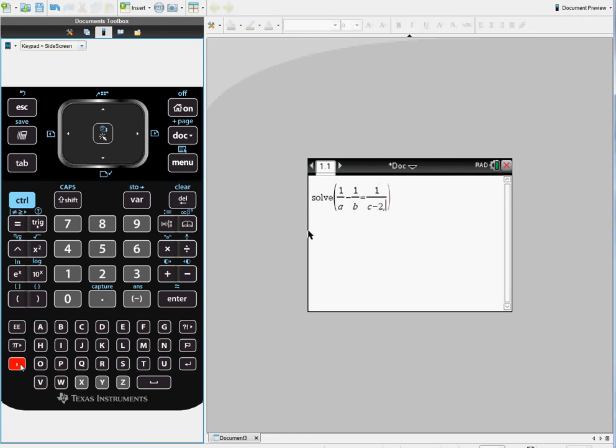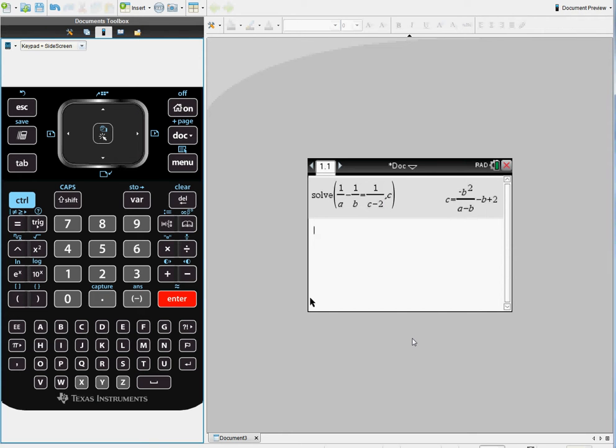Always go comma. Oh, see how our comma is down the very bottom of the fraction? So that's a mistake. We'll have to take that out. Our cursor is at the bottom of the fraction. We need to leave that, and go next to the fraction, comma, and we are going to solve for, in this particular case, C. We could solve for A if we wished, or for B, but I'm choosing C. Press enter, and we have a solution.